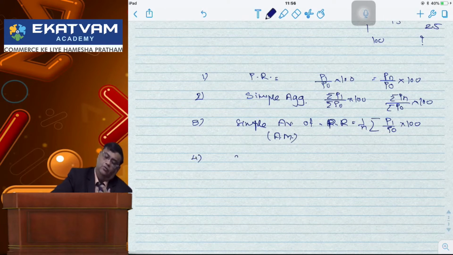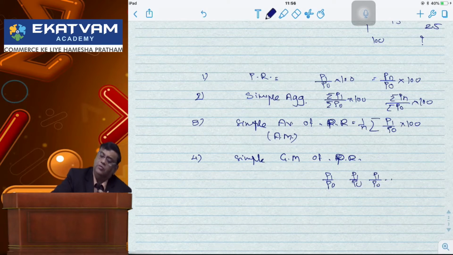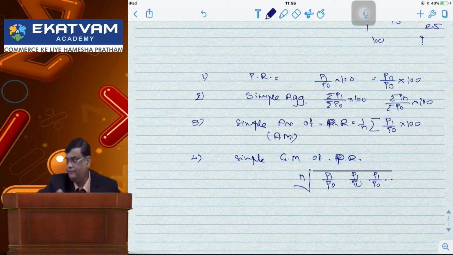If I ask you what is simple geometric mean of price relatives, then it is going to be P1 upon P0, P1 upon P0, P1 upon P0 for all the commodities, and consider nth root of that, where we have seen how to find the nth root.